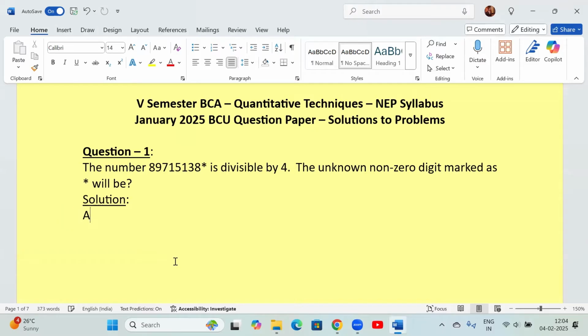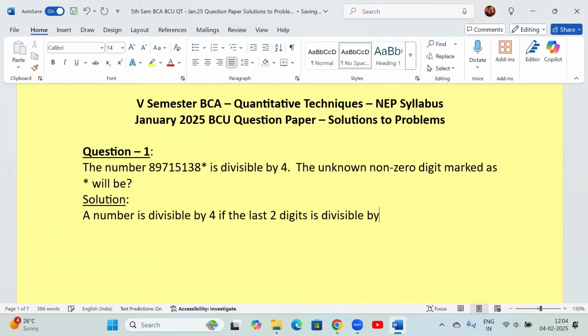So we know a number is divisible by 4 if the last two digits is divisible by 4. Here the last two digits are 8 and then our star.